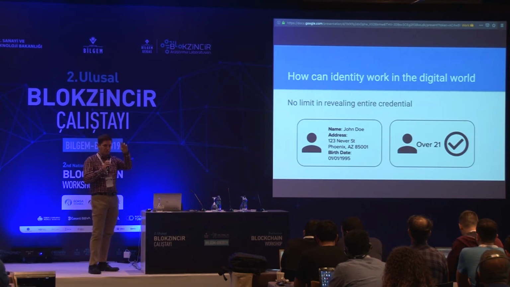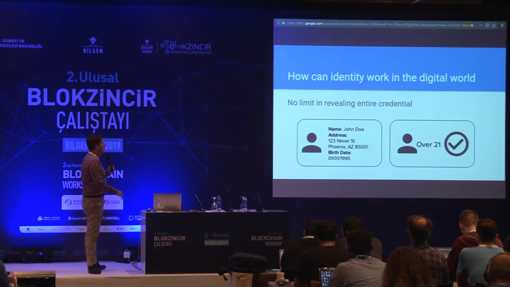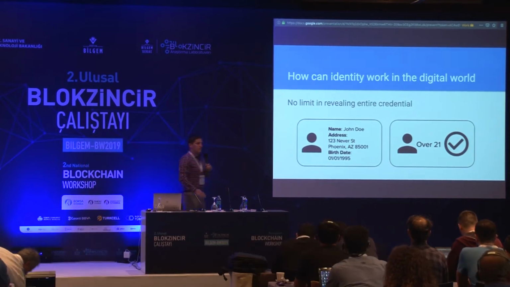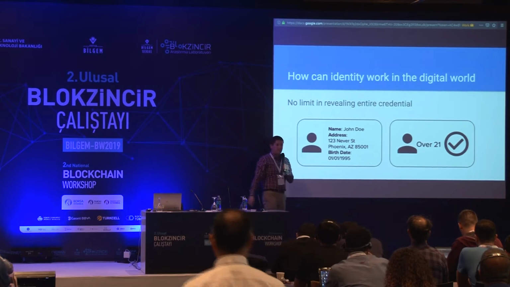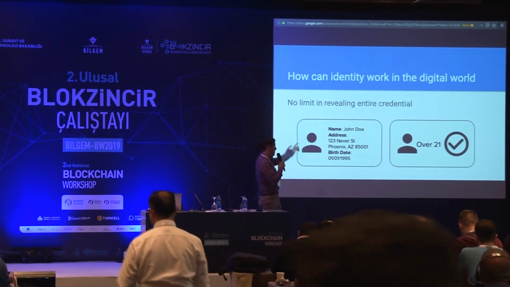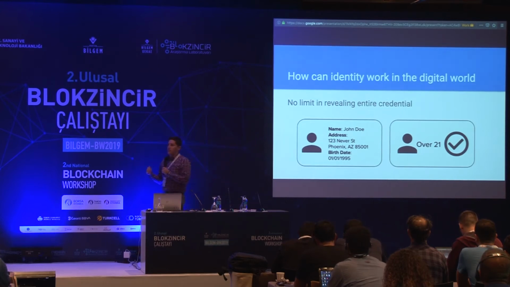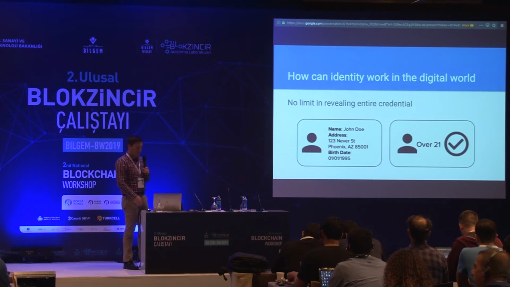We can just strip it down and show exactly what's necessary and nothing else, which is really cool, because now the bartender doesn't have to know where I live. He might remember where I live, when I was born and my name, when all he cares about is, can I buy the drink and am I old enough?